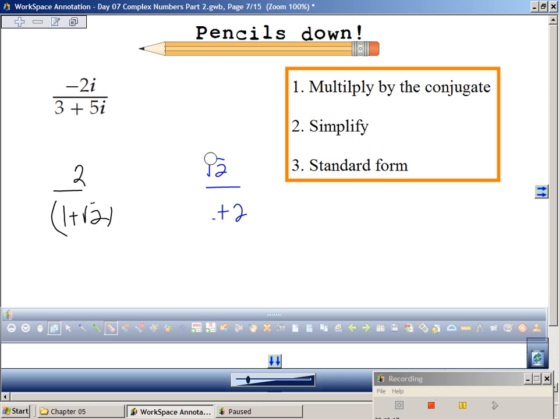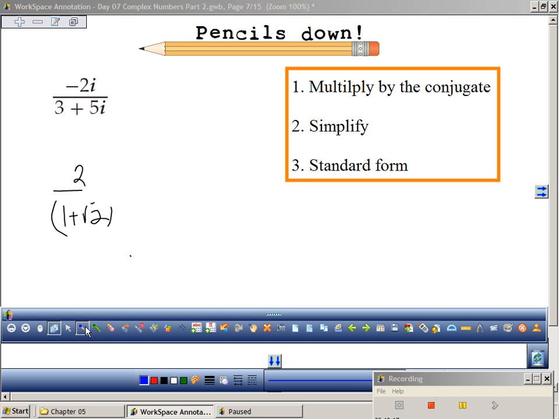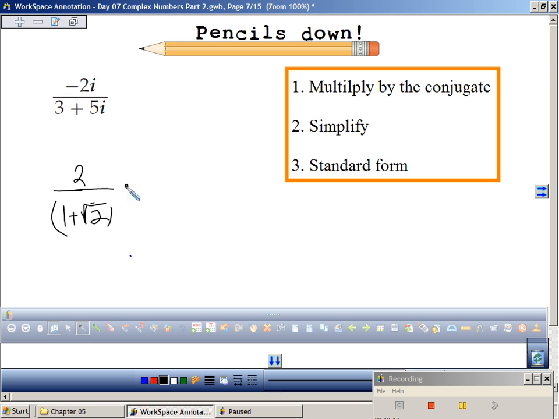Remember that? Briefly? Multiplying by the conjugate means I have to multiply both sides by 1 minus root 2. 1 minus root 2.